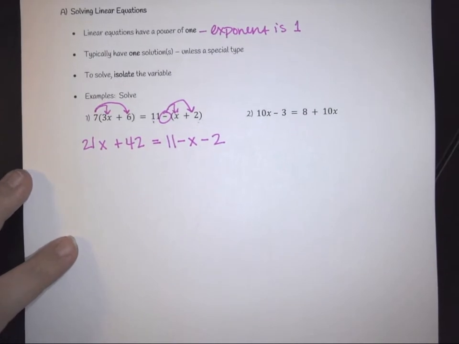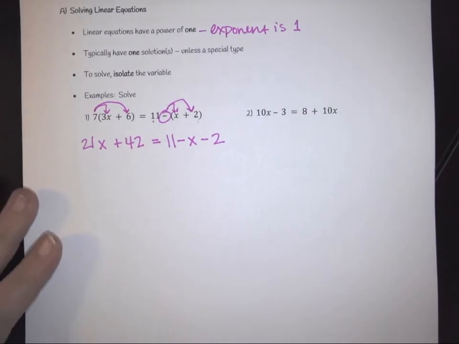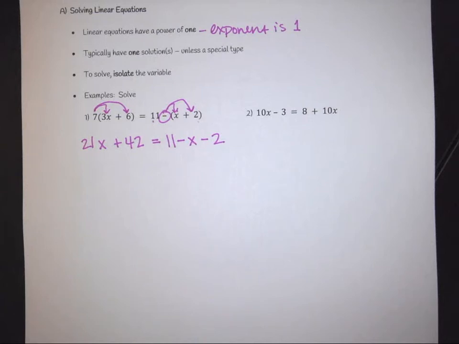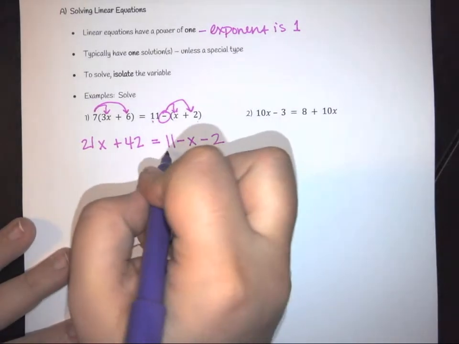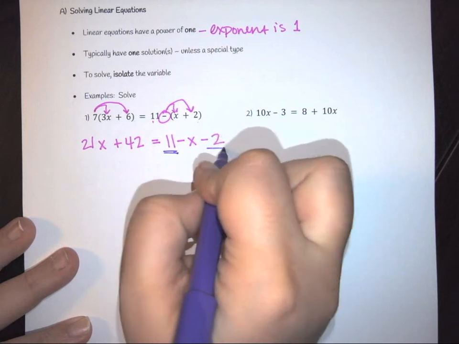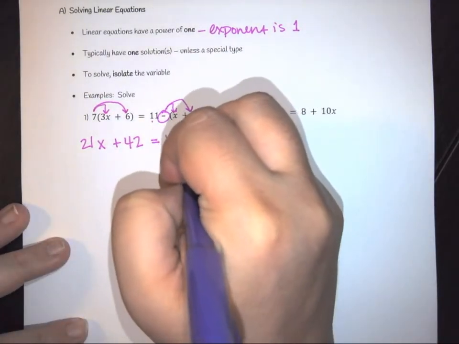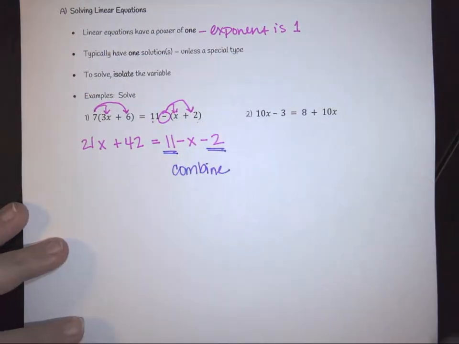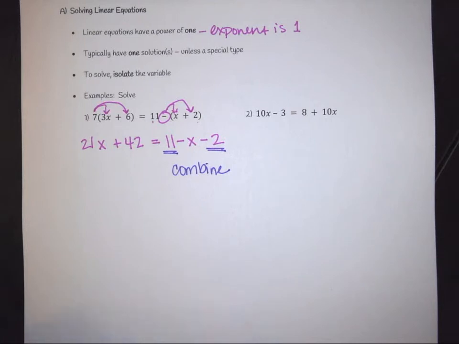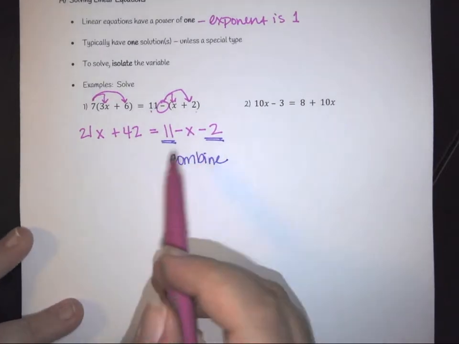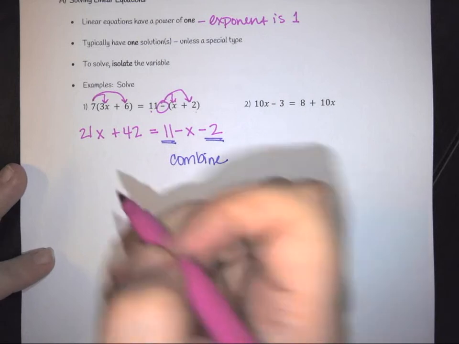Now the next thing that you want to do is combine like terms. So you want to look and see if you have terms in your equation on either the left side or the right side that can be combined before you do anything else. In this case we do. We have this 11 and we have this negative 2, and so we need to go ahead and combine these using the addition and subtraction as we see fit, and in this case I have 11 minus 2.